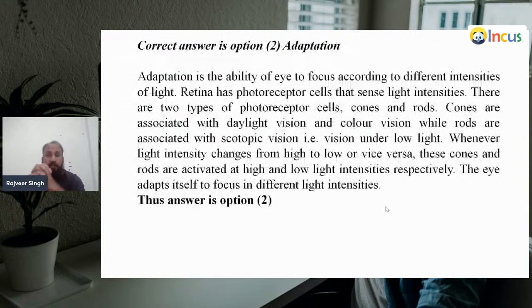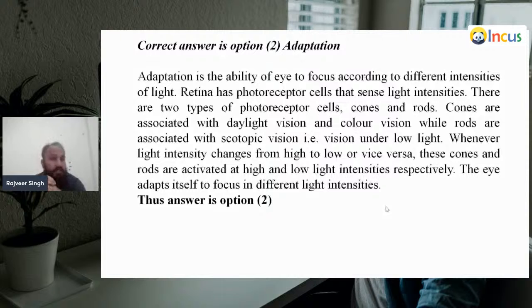So let me describe in detail. Adaptation is the ability of the eye to focus according to different intensities of light. The retina has photoreceptor cells that sense light intensities. There are two types of photoreceptor cells, cones and rods.